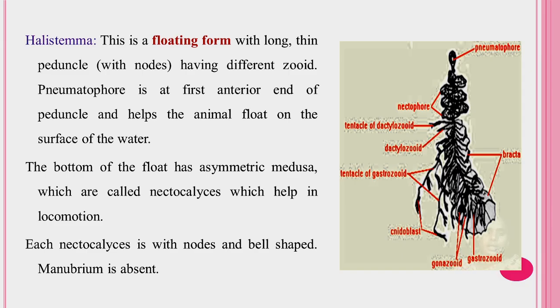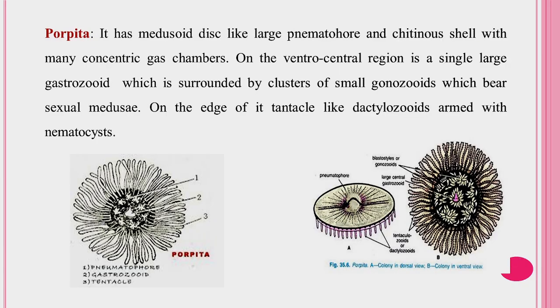Each nectocalyx consists of nodes and a bell-shaped form, whereas in Halistemma the manubrium or mouth is absent.